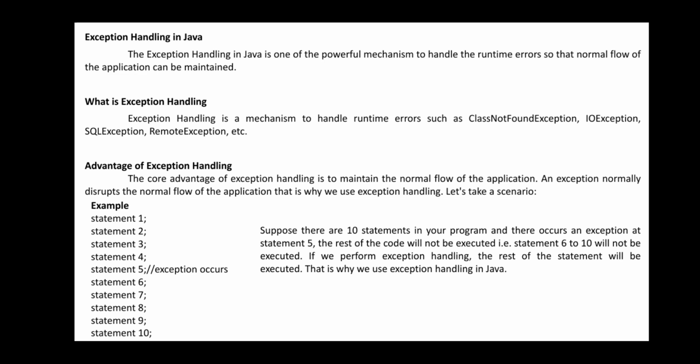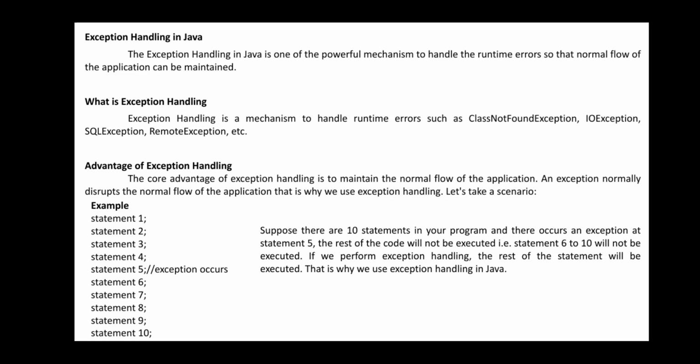In other words, when you are executing 10 statements and suddenly, at any level, statement number 5 has a problem, then your normal flow enters into the abnormal, because the rest, statements 6 to 10, should be executed.